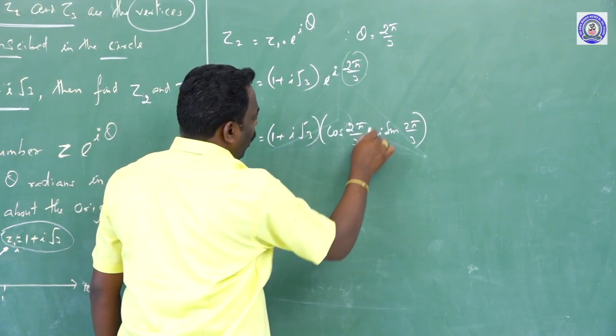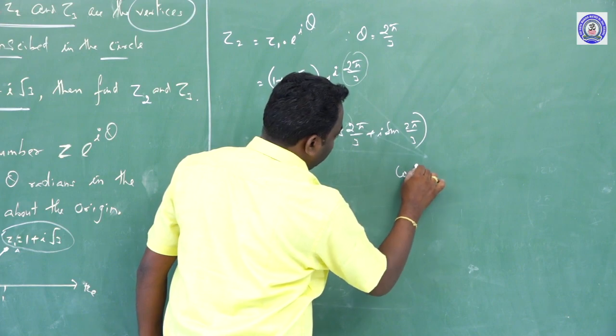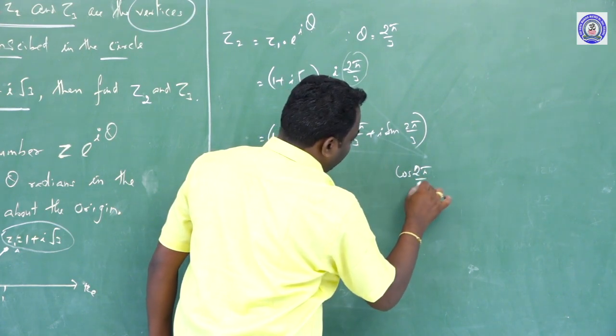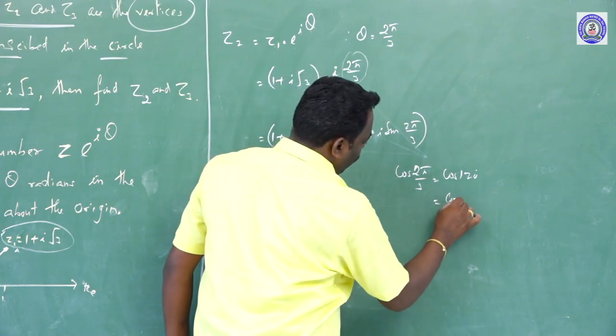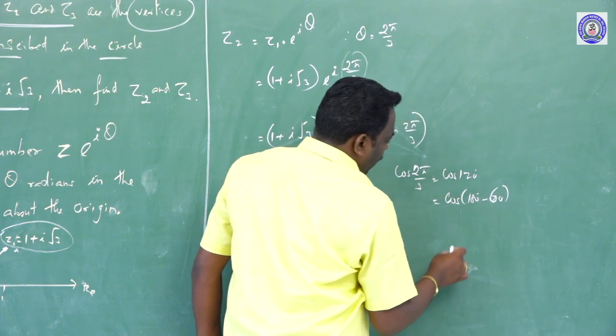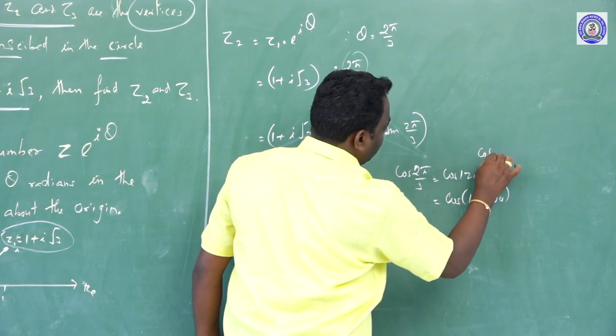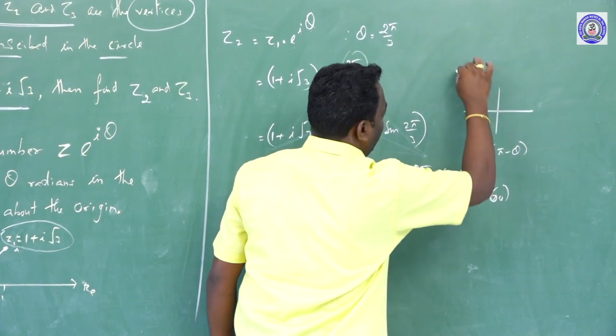Now, just write the value of cos 2π by 3. Therefore, cos 2π by 3 is equal to cos 120 degree, and that is equal to cos of 180 minus 60 degree. That is applying cos of π minus θ. The π minus θ lies in which quadrant? Second quadrant.